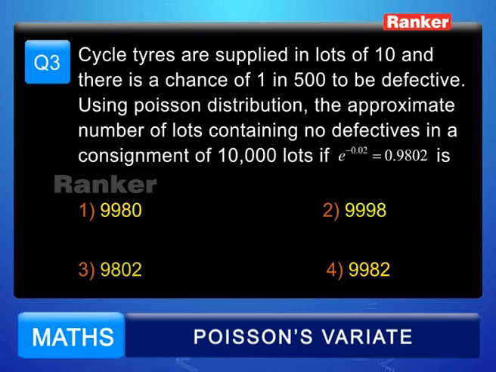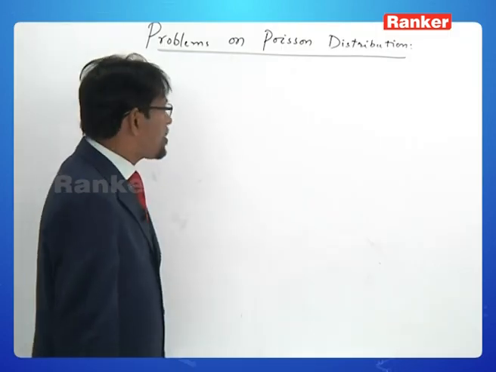First option 9,980, second option 9,998, third option 9,802, fourth option 9,982.